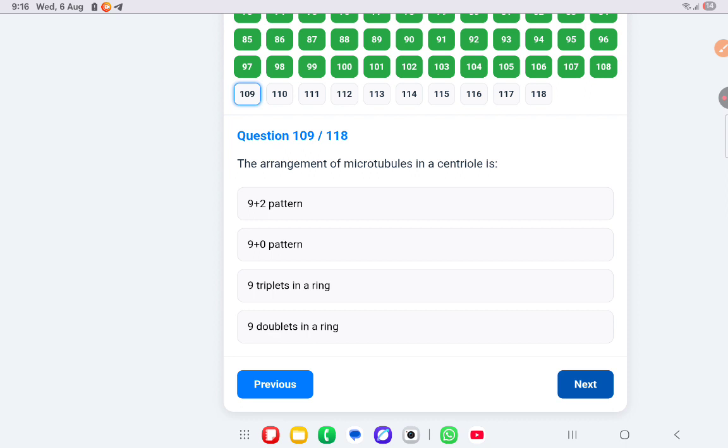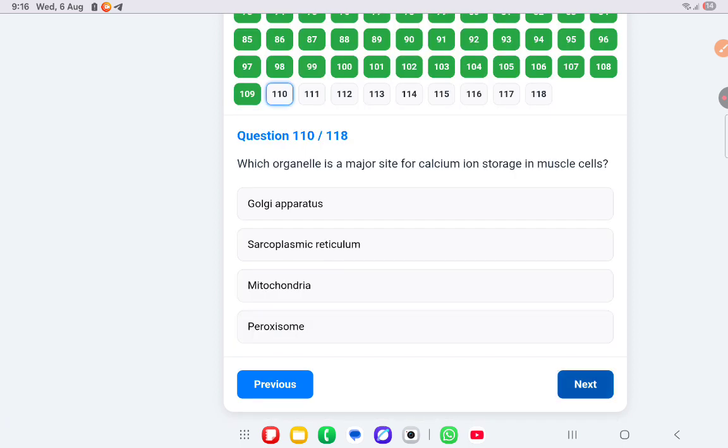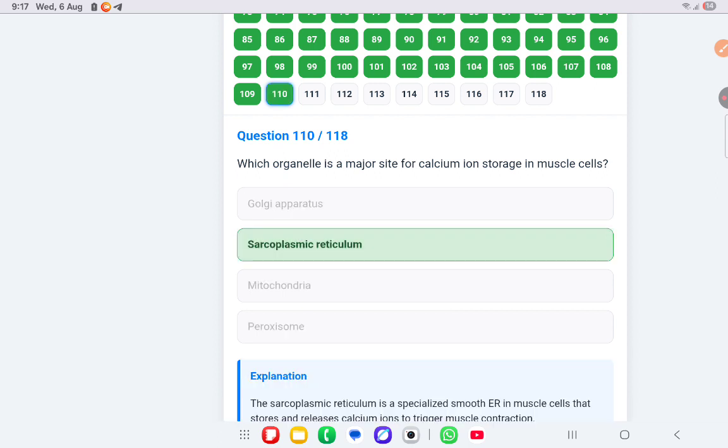The arrangement of microtubules in a centriole is 9 triplets in a ring. Which organelle is a major site for calcium ion storage in muscle cells? That is the sarcoplasmic reticulum.